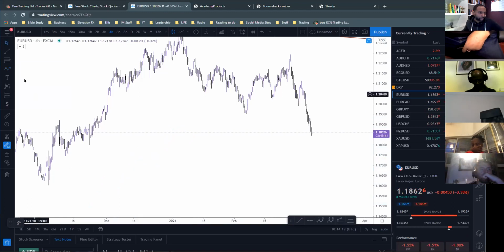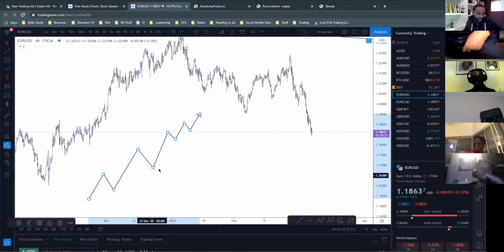Let me just do this differently so we can make it clear. All right. Impulse, correction, impulse, correction. Now, this is one impulse, right? I'm going to break it down into a few little pieces like that. Okay. And we're going to consider that all of this is the last impulse. All right. I hope that makes sense for you.